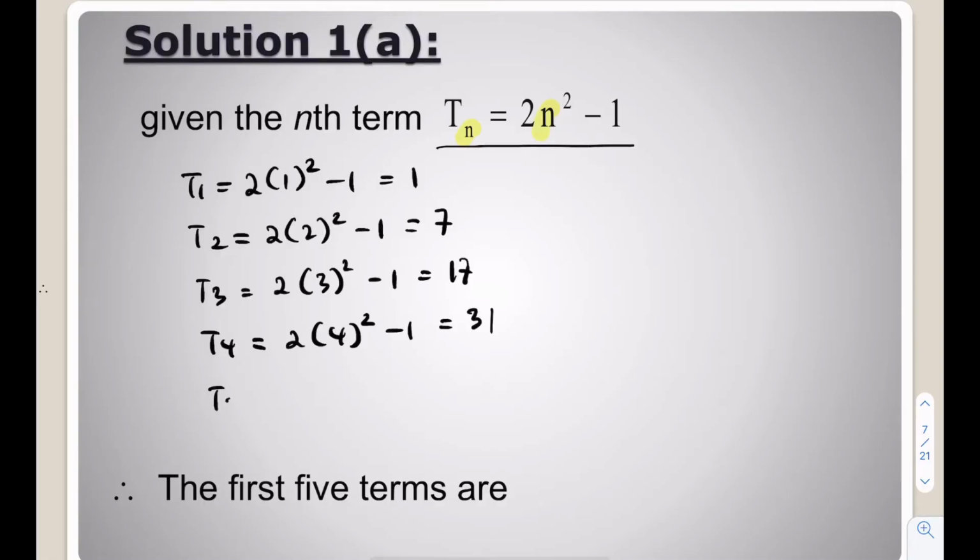And the last one, T5 equals to 2 multiplied by 5 squared minus 1. And calculate, you will get 49. Therefore, the first 5 terms are, you just list down all your T1 until T5, which are 1, 7, 17, 31, and 49.